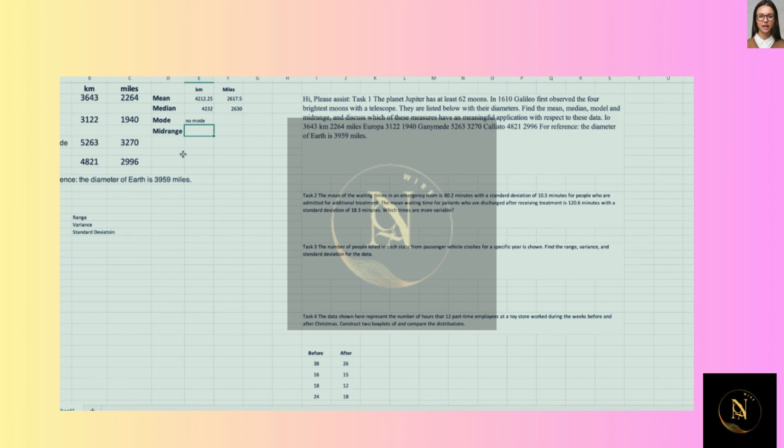The mid-range is when you take the, so there's not enough data to find the mid-range. What you could do is take your first quartile and your third quartile and subtract them.